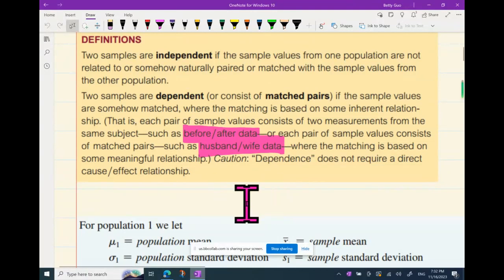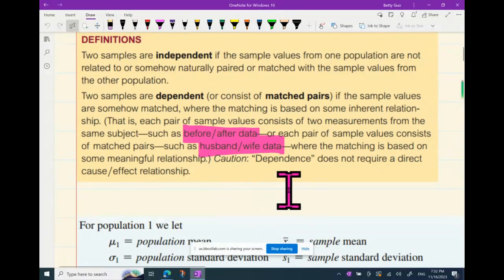That is, each pair of sample values consists of two measurements from the same subject, such as before and after, or each pair of sample values consists of matched pairs, such as husband and wife data, where the matching is based on some meaningful relationship.